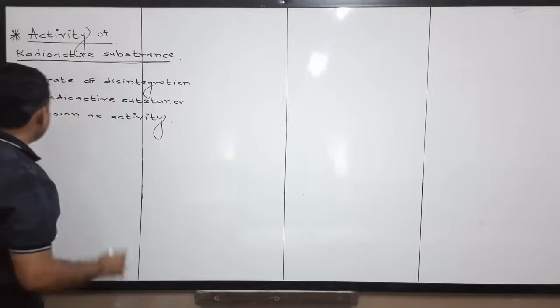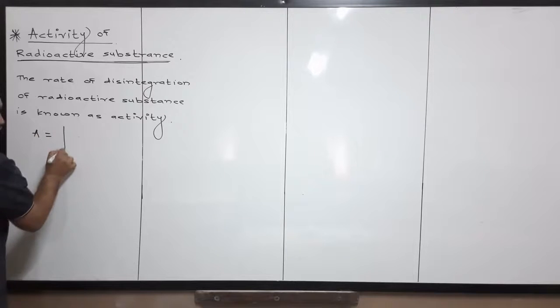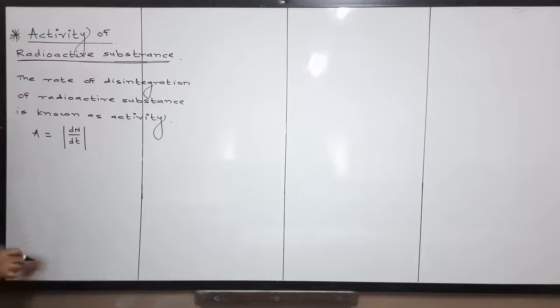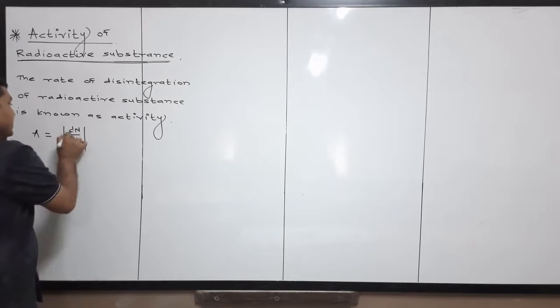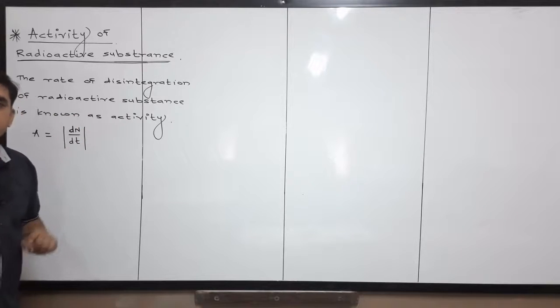And therefore the activity of a radioactive substance, A, is equal to the modulus of dN/dt. dN/dt represents the rate of disintegration of the radioactive substance.